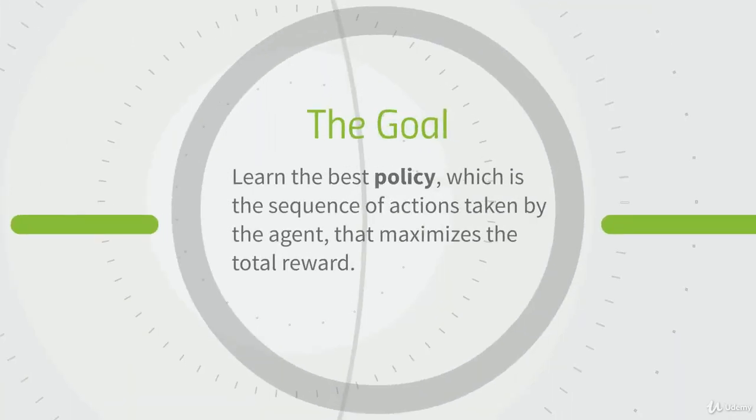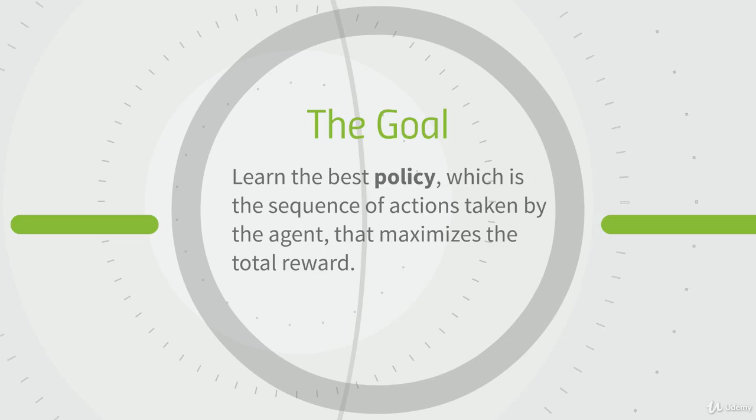So the goal of reinforcement learning is to learn the best policy, that is the sequence of actions that maximize our total reward. We'll define some of these words, like policy or agent, in a bit. But for now, it's important to understand that the overarching approach is to not make the best choice or action at each individual step.